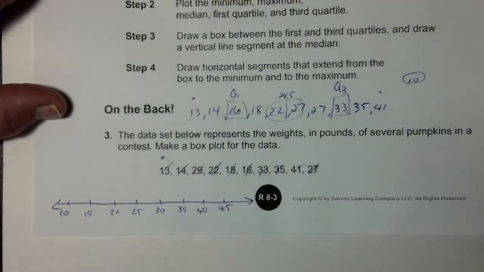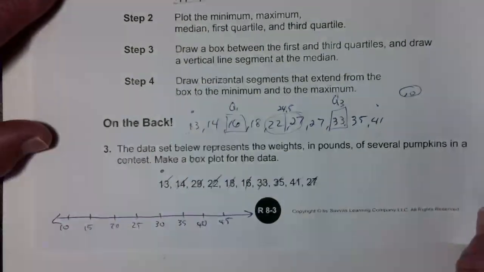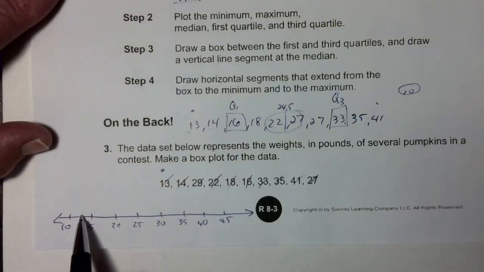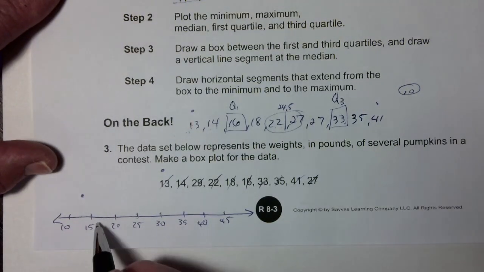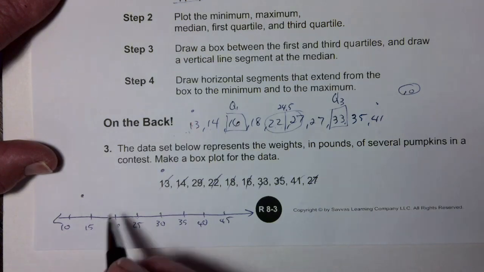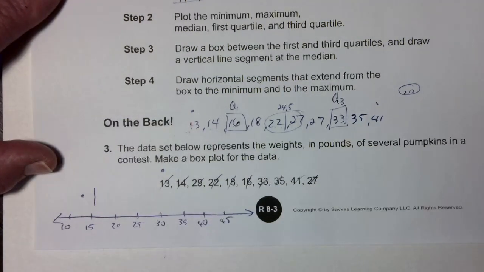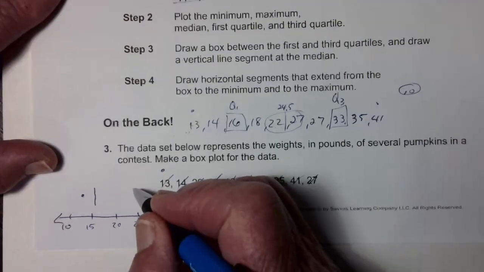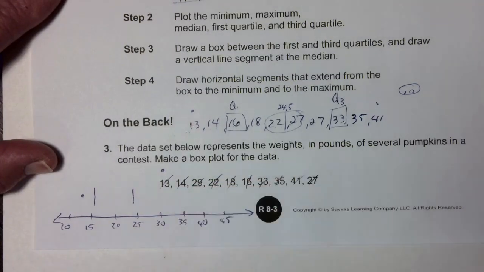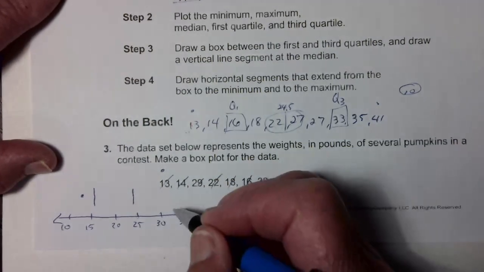Alright, so let's put a dot at 13. 13 is about half. Then we want a dot at 16, a line. My first line's at 16, a little past 15. And then at 24 and a half is almost to 25. And then at 33.